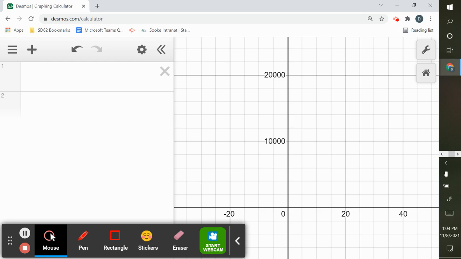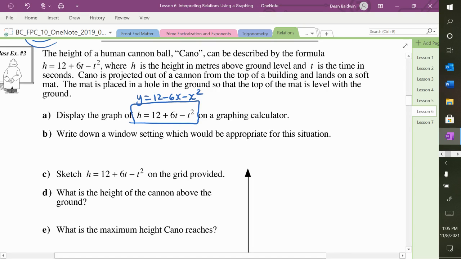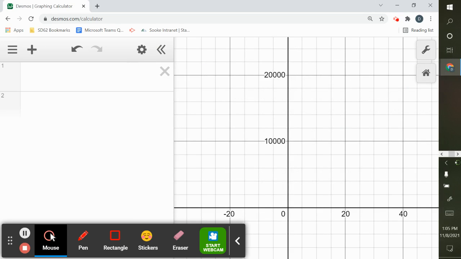It's in your book. Do you want me to leave it up? Enter it in Desmos. There's a little squared button.